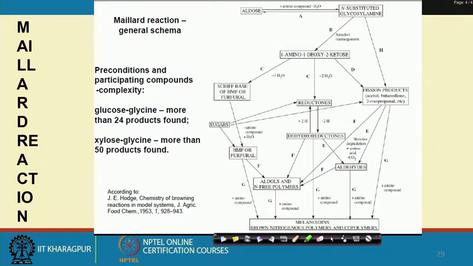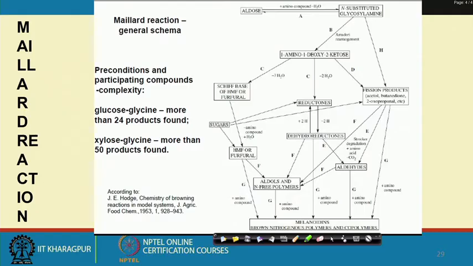This happens with caramel or caramelization. Caramelization is basically when you are heating sugar. The crust on the bread is caramelized; that brown color on the bread is caramelization. Similar to that, many are there.